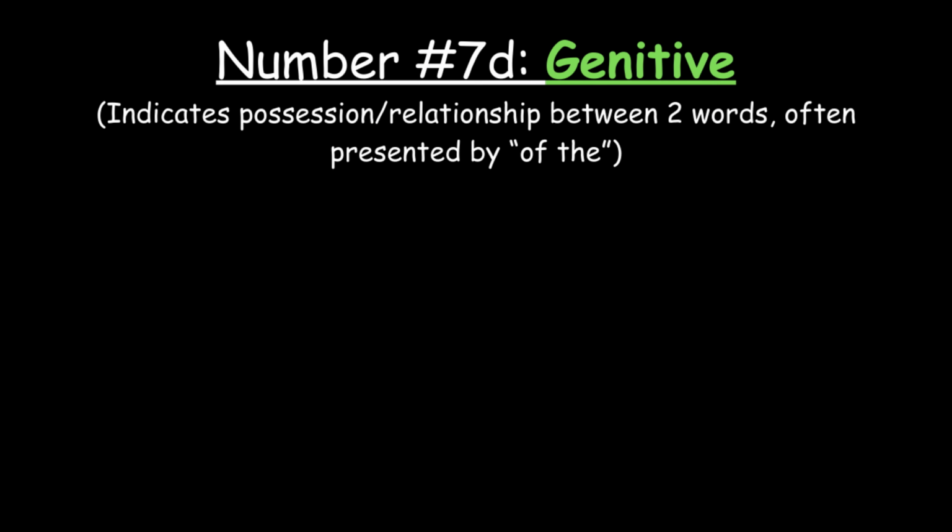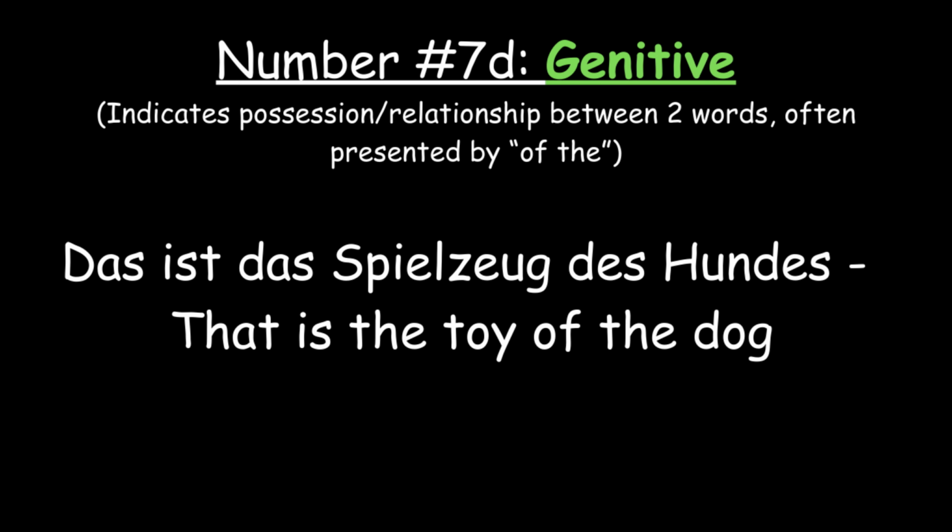The genitive indicates possession or a relationship between 2 words, often presented by of the. An example is Das ist das Spielzeug des Hundes. That is the toy of the dog.